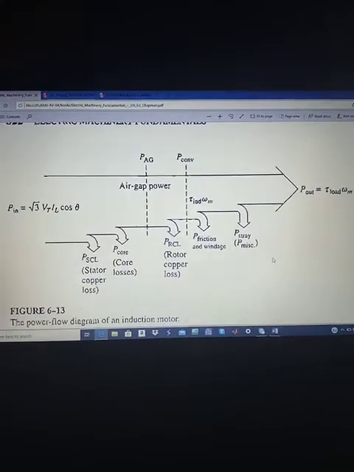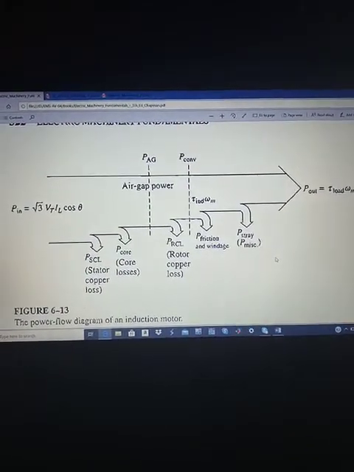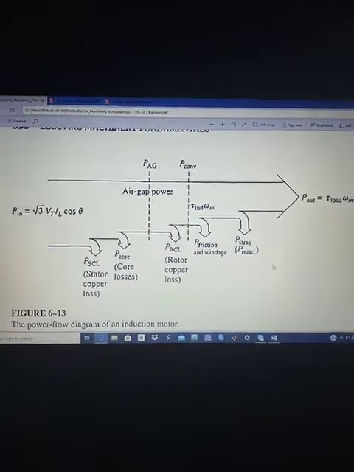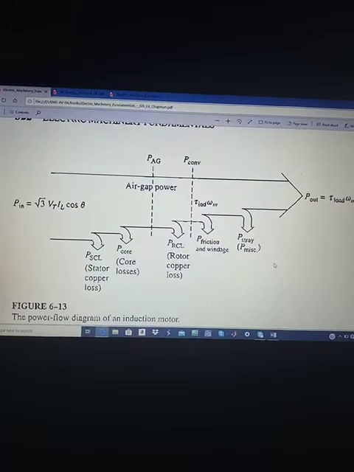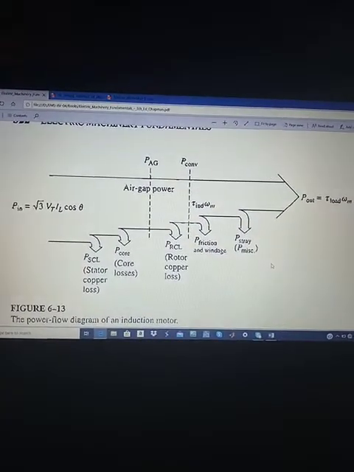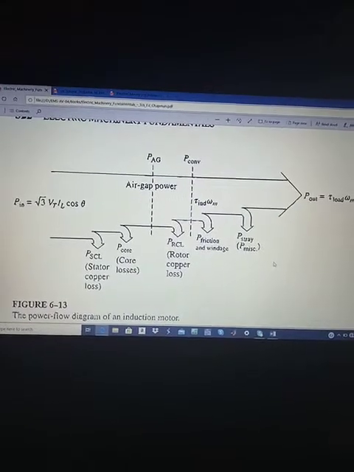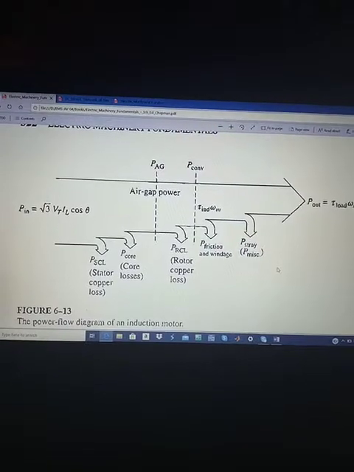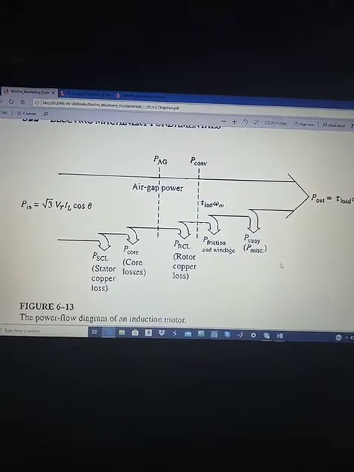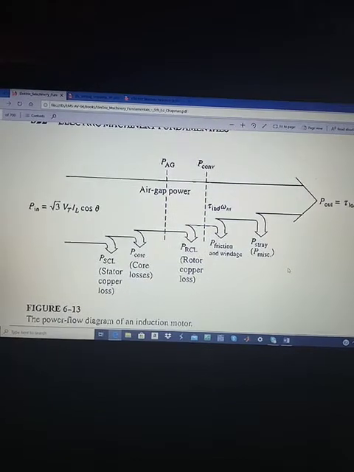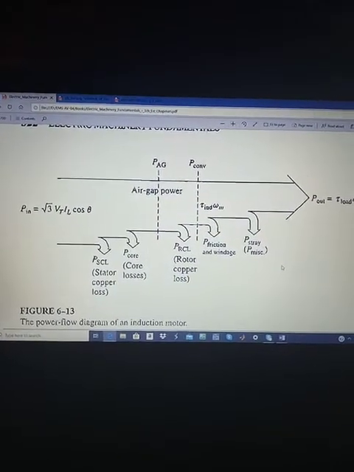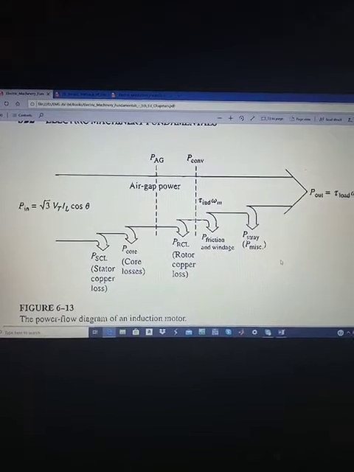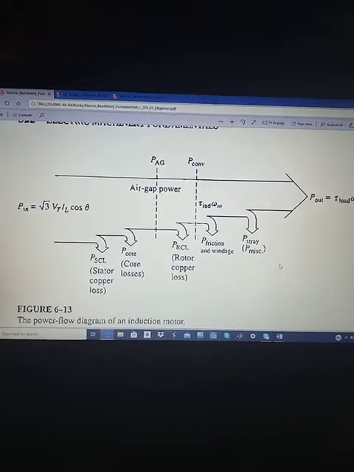In this topic we will discuss about the losses and the power flow diagram. Here actually we know that an induction motor can be basically described as a rotating transformer. Input of both transformer and induction motors are the three-phase AC voltages and currents. But in case of transformer, the output is also a three-phase voltage or current, which is step up or step down.